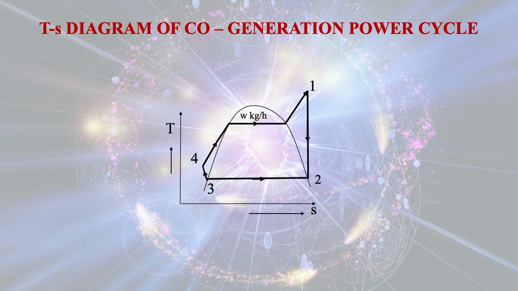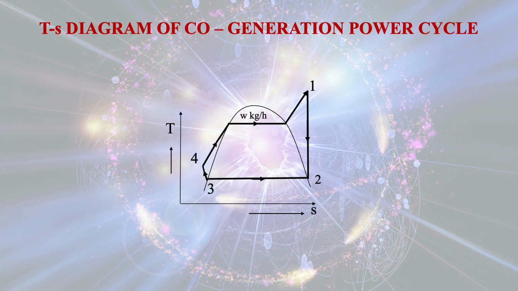So in this diagram it is very clear how to calculate the turbine work, how to calculate the process heat required, and how to calculate what is the fraction of energy utilized for this cogeneration power plant.